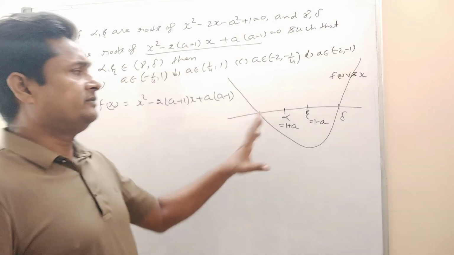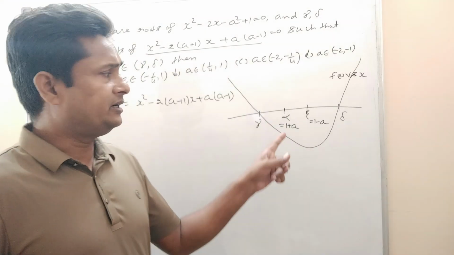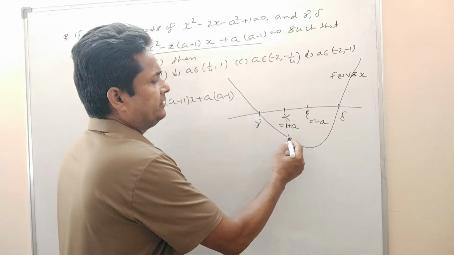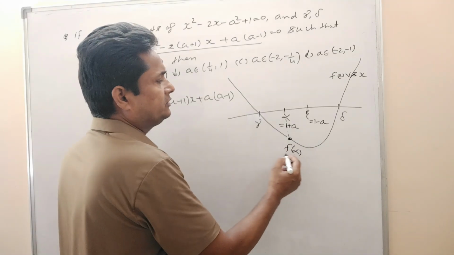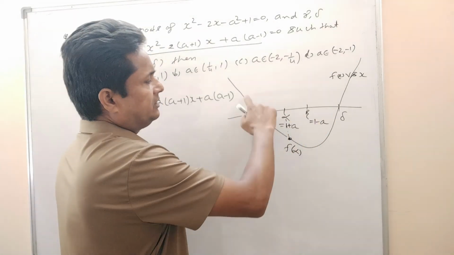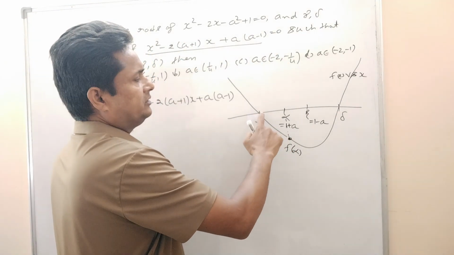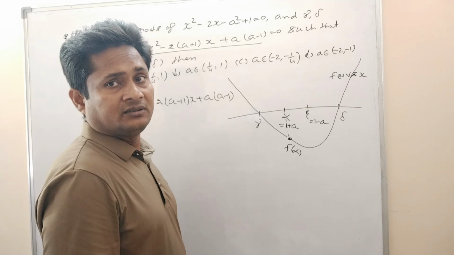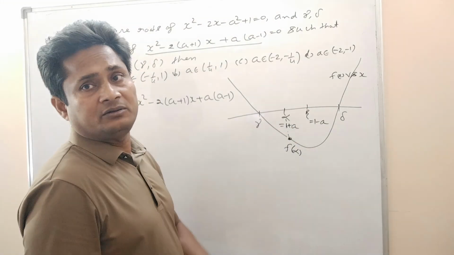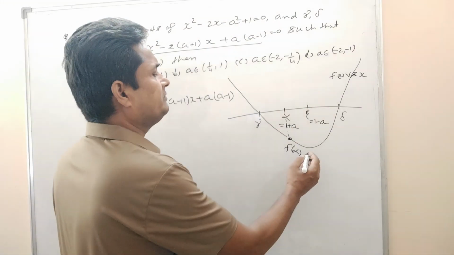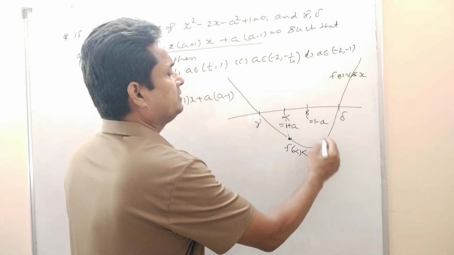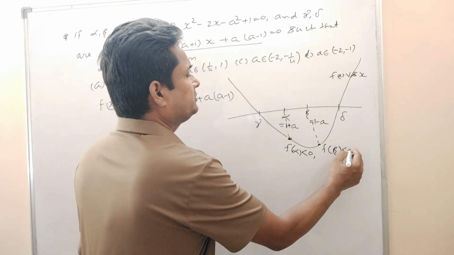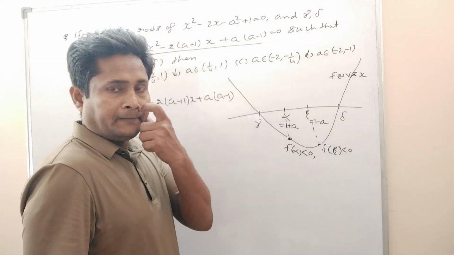Now from the graph we can easily see that at f(alpha), the graph is between gamma and delta, below the x-axis. So it will give negative value of f(x). So f(alpha) will be negative, and f(beta) is also negative, right?